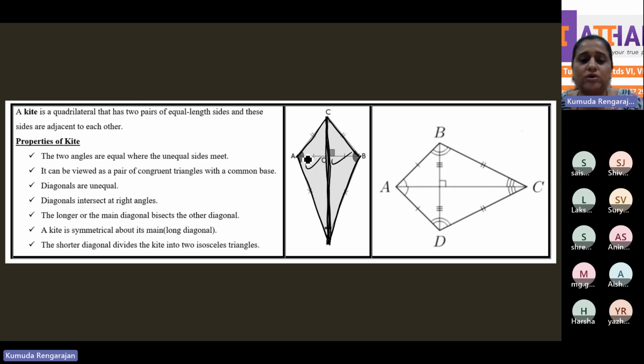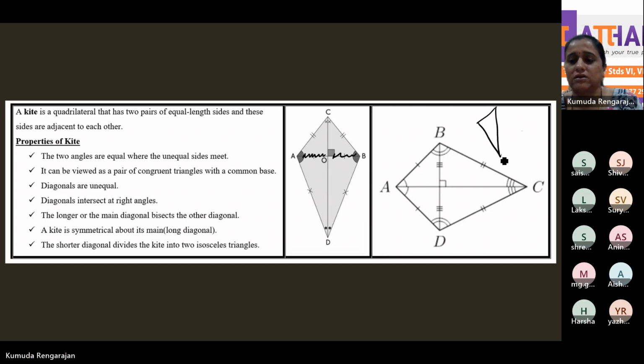Ignore this line in the middle. We're talking only about these two triangles.